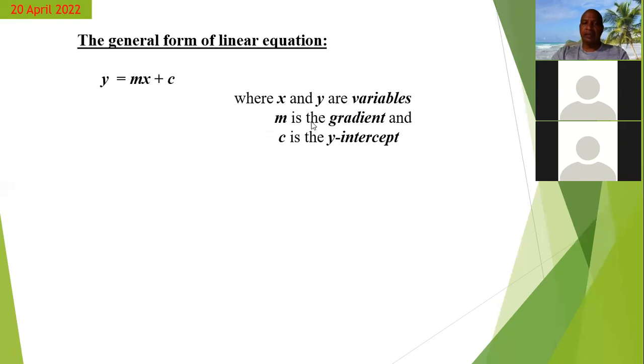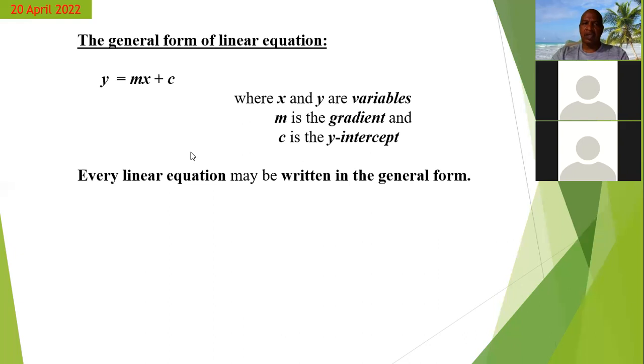And after you calculate the gradient, you should be able to calculate C. And then once you find M and C, you put them in this general form to get the equation. Is that clear, guys? Do you understand what I'm saying?